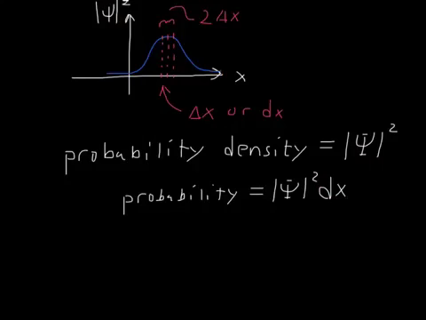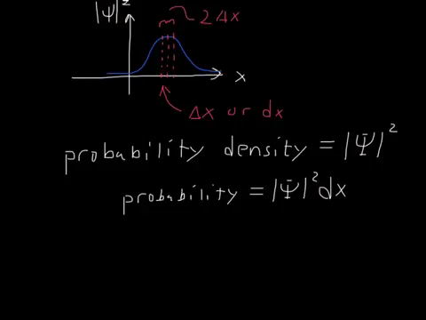And we do this because we know that probability isn't just proportional to the wave function squared, but it's also proportional to the distance. Again, if I have these two regions of space and the wave function is roughly the same across the whole region, certainly the probability of finding the particle is going to be about twice as big across the whole region as it is across just the small first half of the region. Probability depends on distance as well as wave function squared.